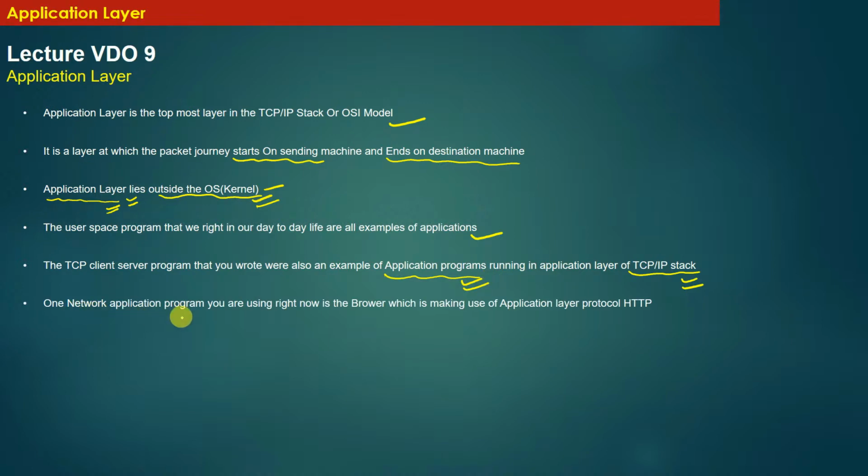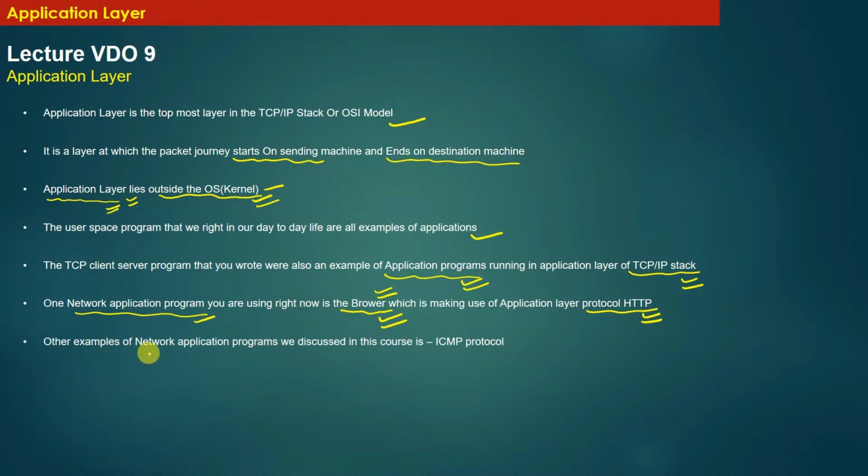One network application program that you are using right now is the browser itself, which makes use of the application layer protocol HTTP. HTTP is a protocol which makes your browsing possible. The application program you are using right now while browsing this course is the browser. So the browser is an example of a network application program.